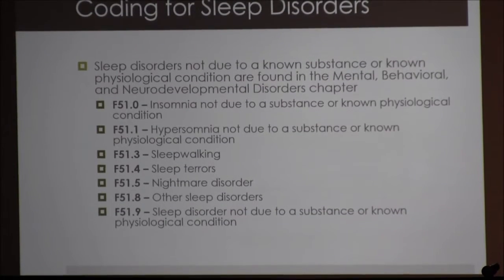So, sleep disorders that are not due to a known substance or known physiological condition are found in the mental, behavioral, and neurodevelopmental disorders section of the chapter. So F51.0 are insomnias and hypersomnias and parasomnias. So F51 from 0 to 9. Sleep disorder F51.9, not due to a substance or known physiological condition, is billable.